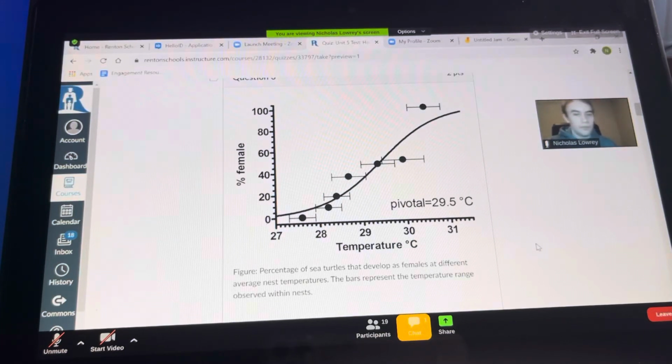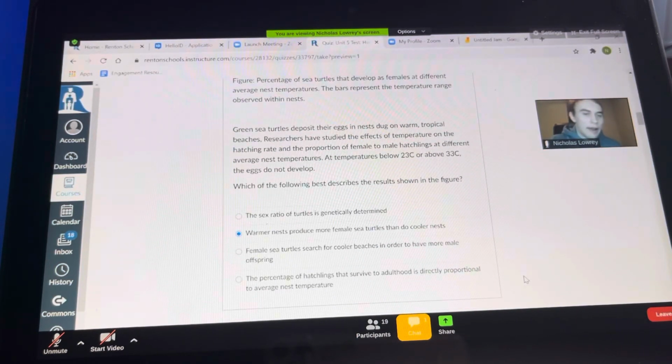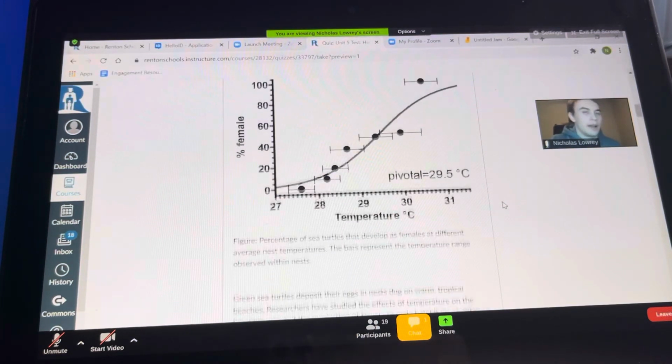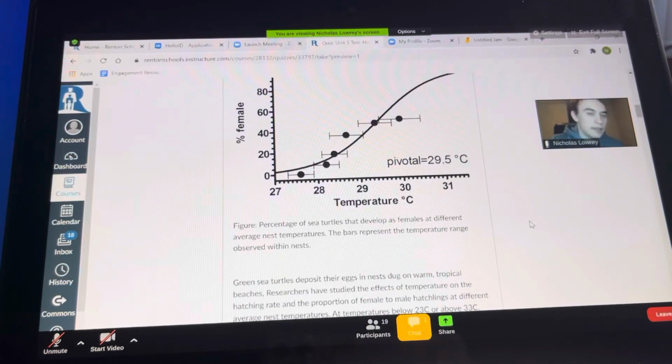So you can get this one even without the genetics knowledge per se. The other ones that you could rule out if you couldn't just do that. So it says sex ratio of turtles is genetically determined. We can see here that temperature is what's affecting it. And so even if there is some bit of genetics, you can't know that based off of the graph, because the graph has nothing to do with its genetics.